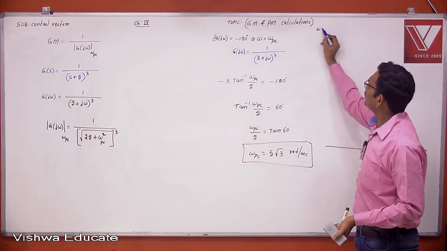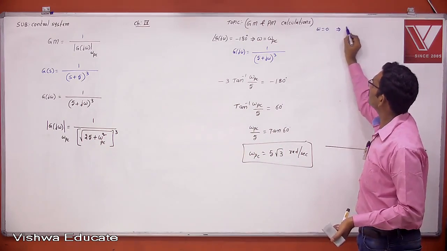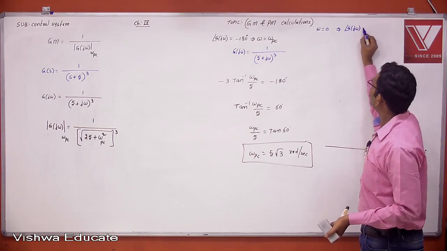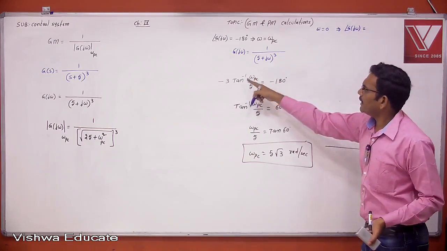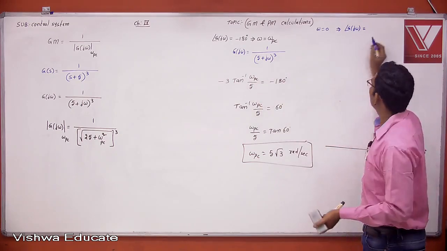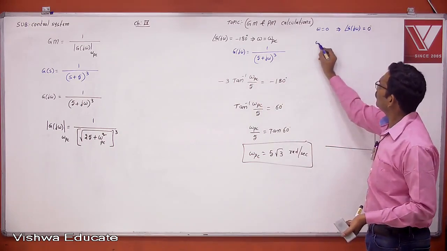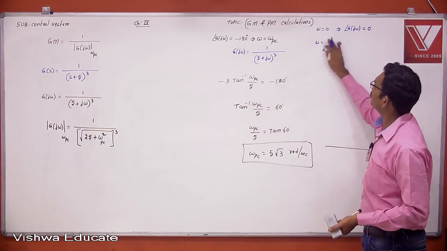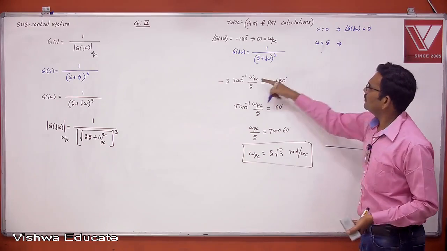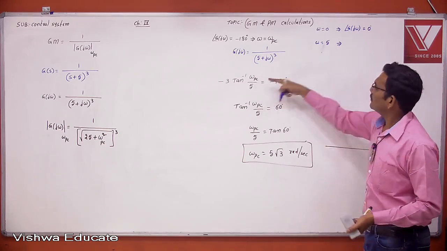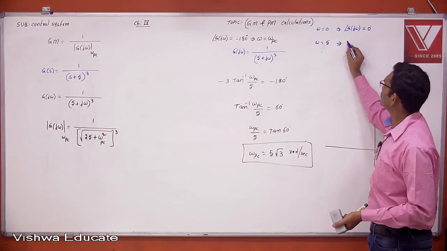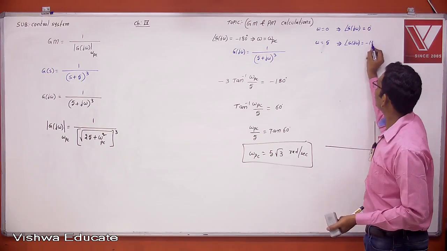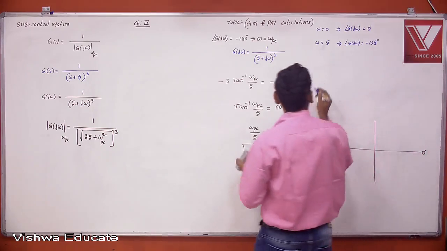So when omega equals 0, what is the phase? The phase is tan inverse 0, which is equal to 0 degrees. When omega equals 5 radians per second, it is tan inverse of 5 by 5, that is tan inverse 1, which is 45 into 3, which is nothing but minus 135 degrees, and so on.